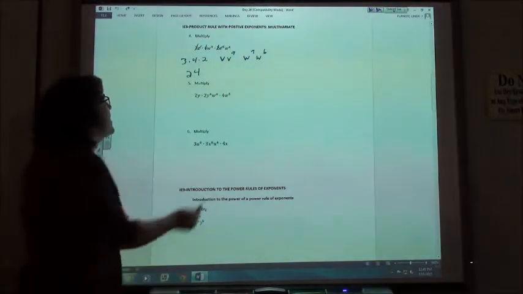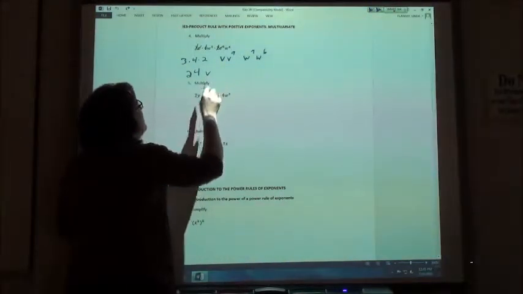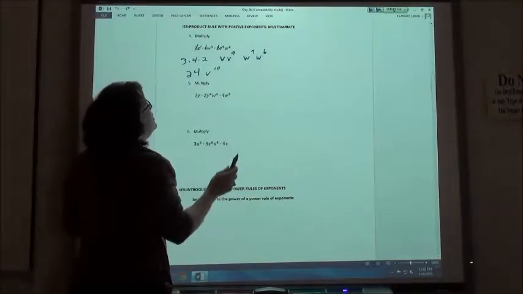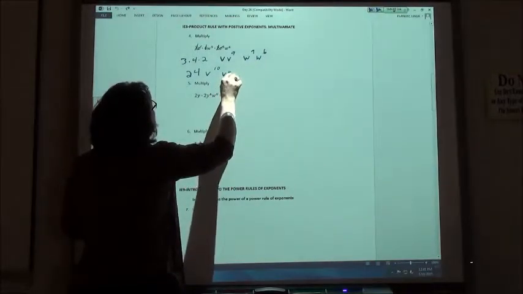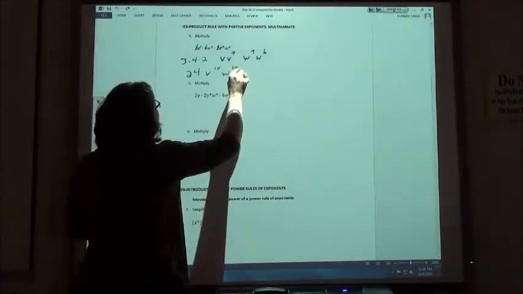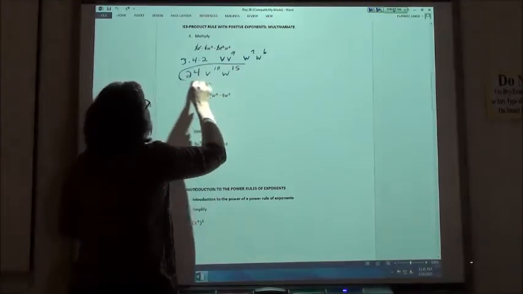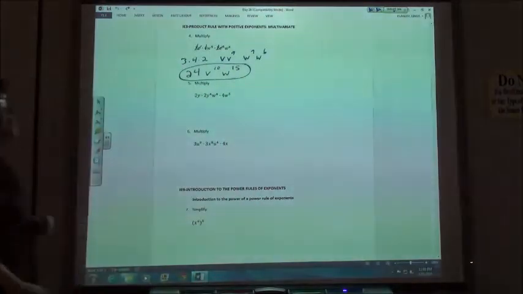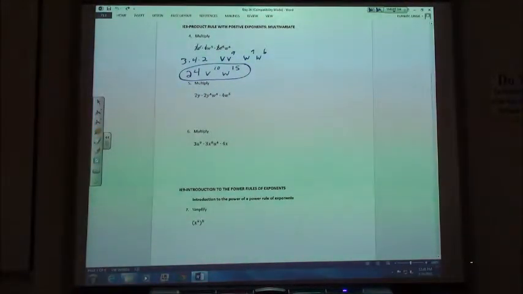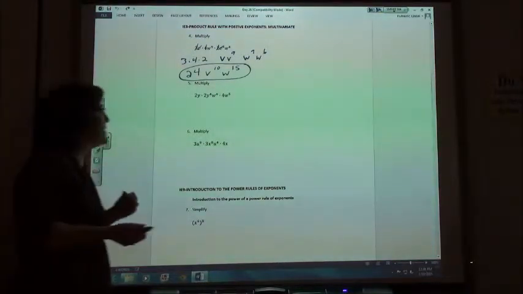So if I take v times v to the 9th, I get v to the 10th. W to the 9th times w to the 6th would be w to the 15th. And so my answer is 24 v to the 10th, w to the 15th. So the numbers I do the normal way. The variables, I have to follow my rule for my exponents. If I'm multiplying, I add my exponents.